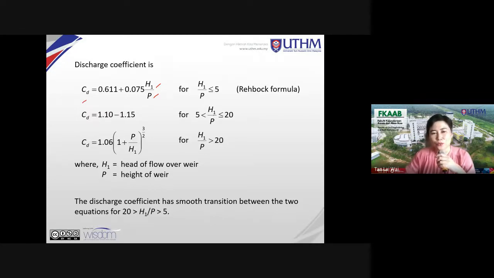You can do linear interpolation between 5 and 20, and 1.1 to 1.15. I came out with this expression from a chart to ease things for you. You don't have to read the chart. You just use this equation here.